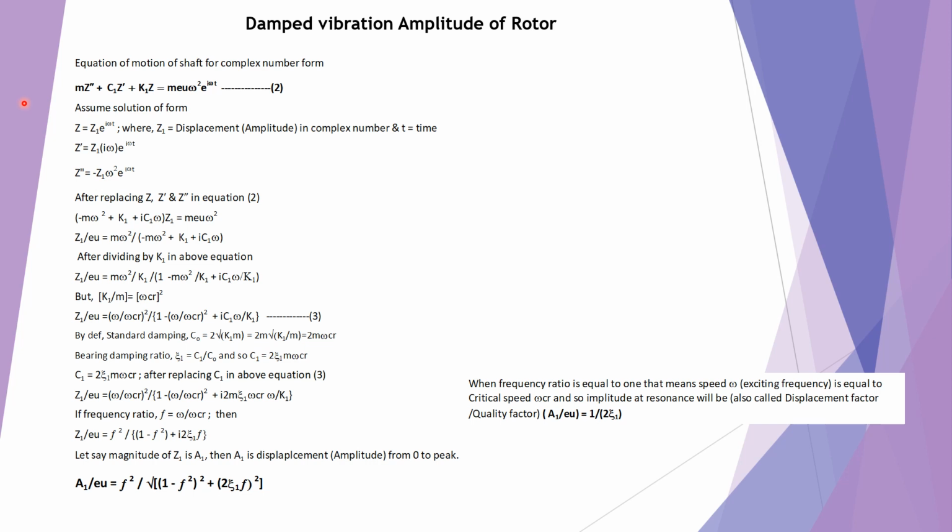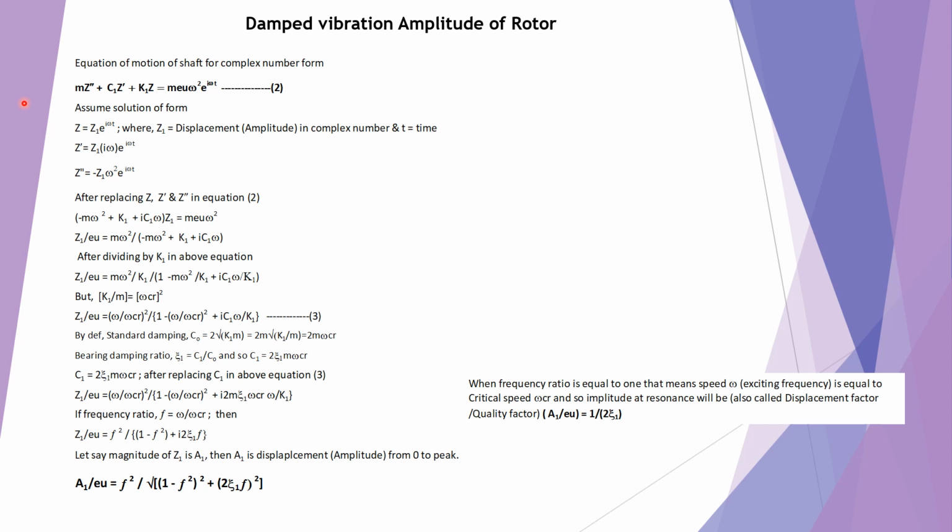Assume the solution of the form z is equal to z1 e to the power i omega t, where z1 is displacement in complex number, t is the time. So z differentiation is equal to z1 i omega e to the power i omega t, and z double differentiation is equal to minus z1 omega square e to the power i omega t.